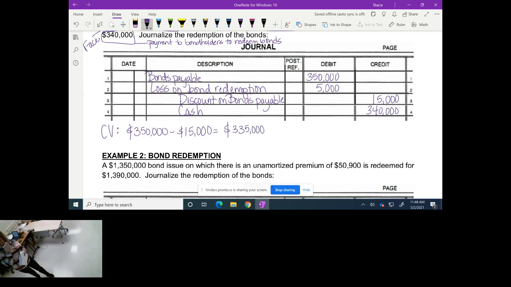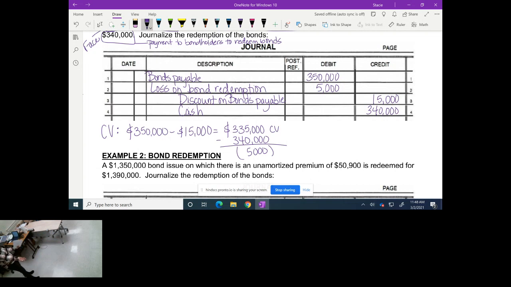That's our carrying amount, carrying value, whatever. If we take that carrying value, this is not part of the entry, let's take the carrying value and subtract out what we're having to pay. So we've got 5,000 negative, because think of the carrying value as this.